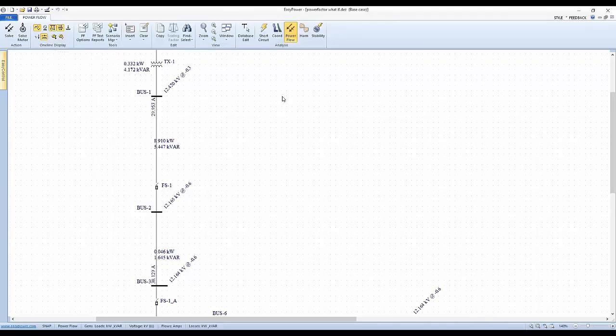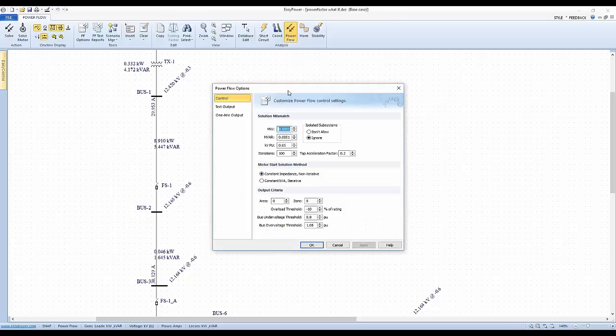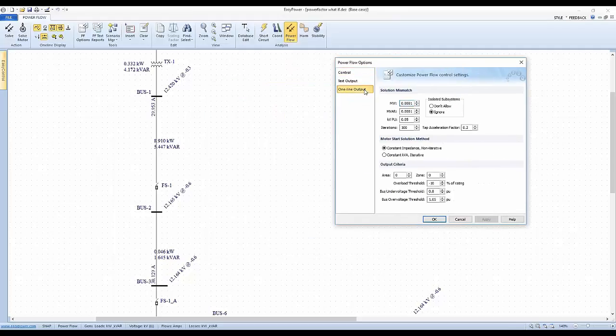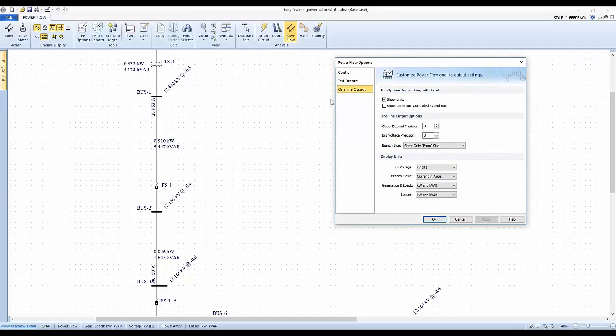Now, what's telling is our ability to display different elements, or different SKUs, if you will, of this particular data. So if I right-click in an open area and look at PowerFlow options, I can control what's being displayed in my one-line output. So my branch flows right now, I'm looking at current.